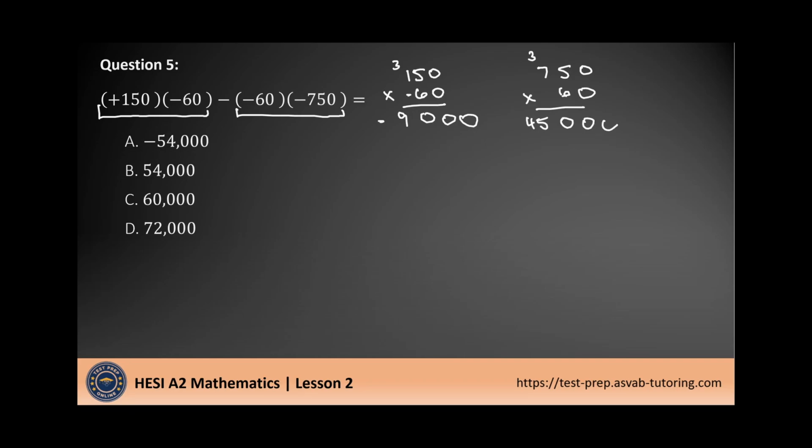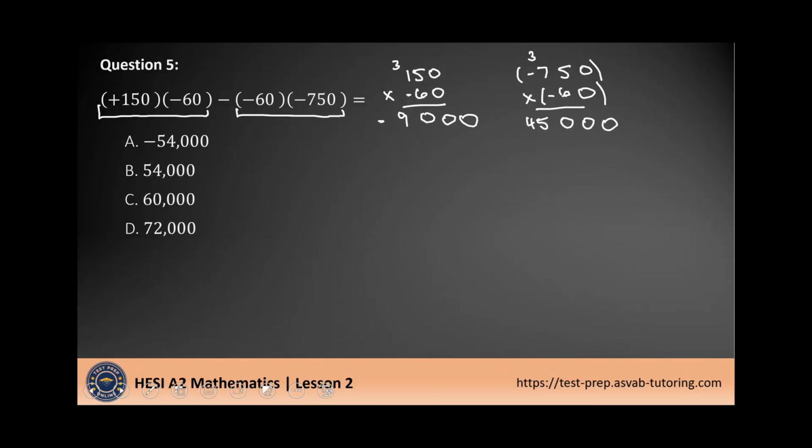Let's add those two to our answer. And then notice it was minus 750 and minus 60. Minus times a minus is a plus. Right? So the right side of our subtraction problem is equivalent to positive 45,000.